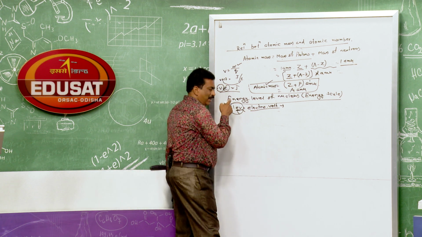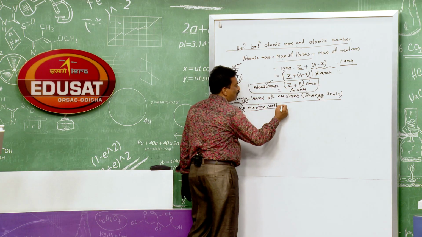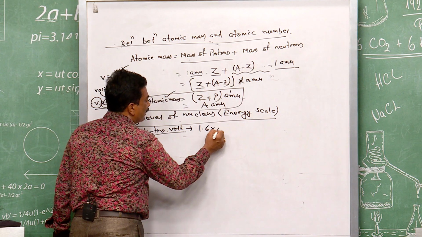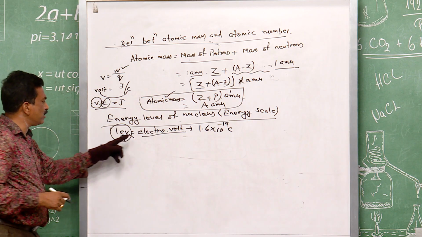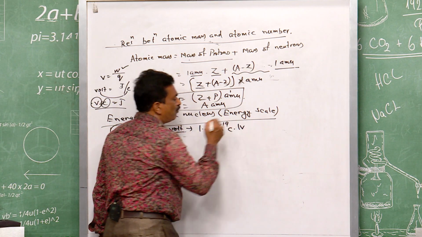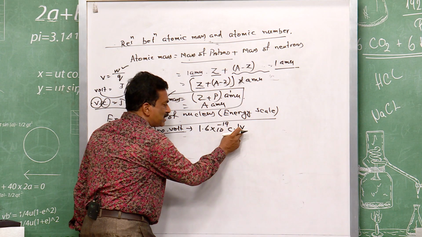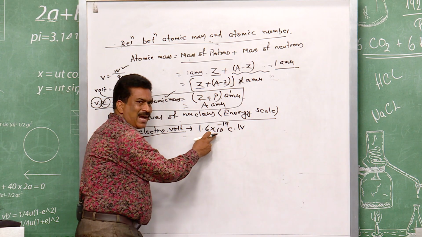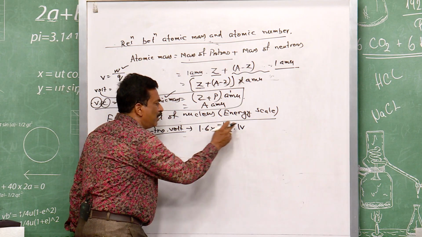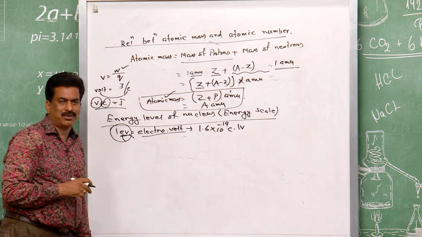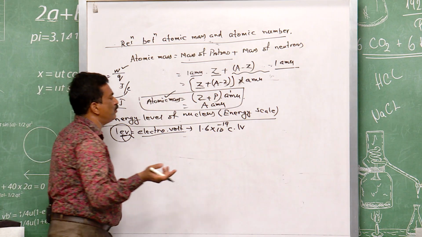So one charge of the electron. So what is the charge of the electron? 1.6 into 10 to the power of minus 19 coulomb, and this is equal to the volt. Volt means 1 V. For one potential difference, for the charge of the electron, this much coulomb to make the potential difference of 1 volt, the energy which is required.